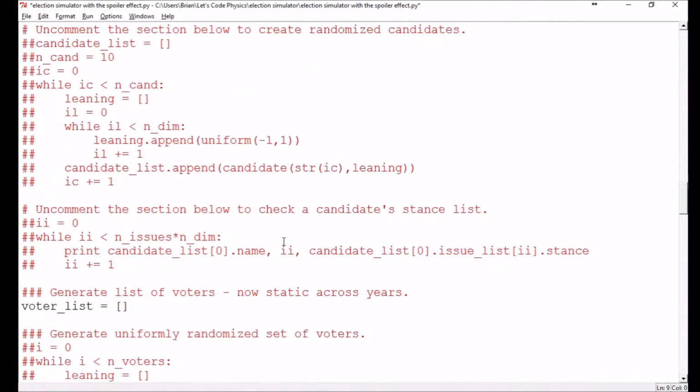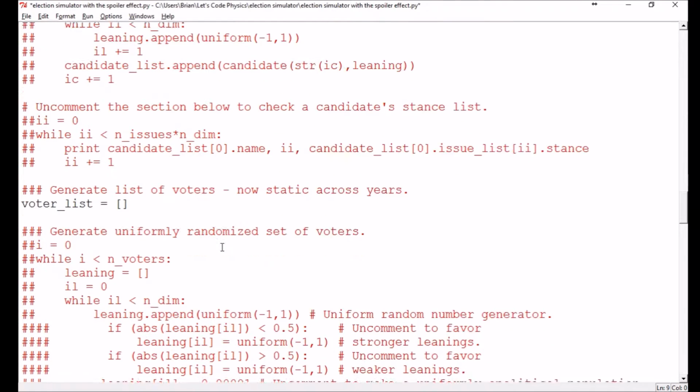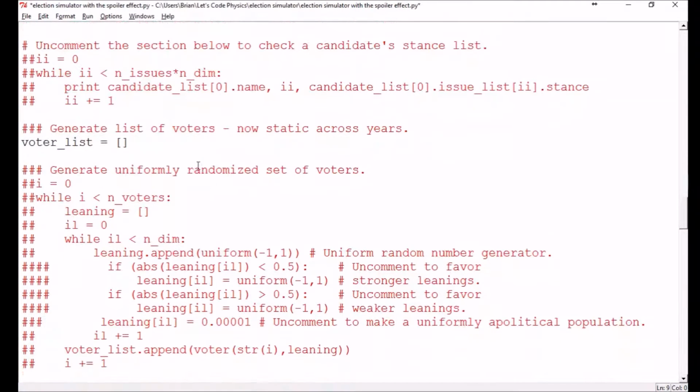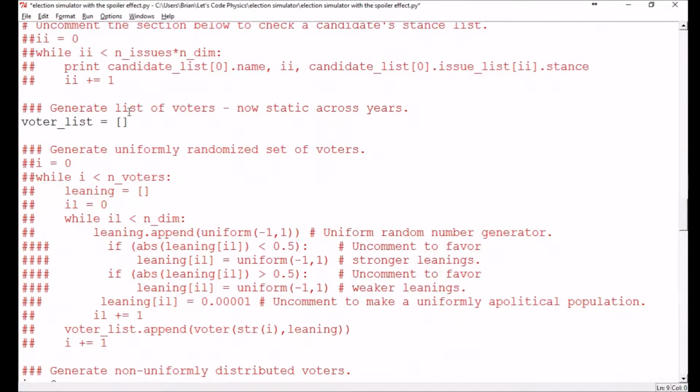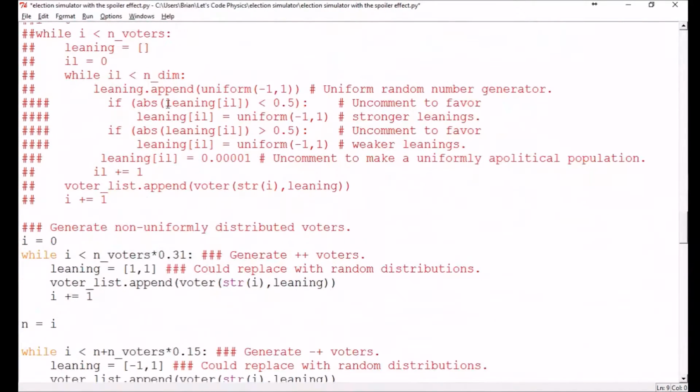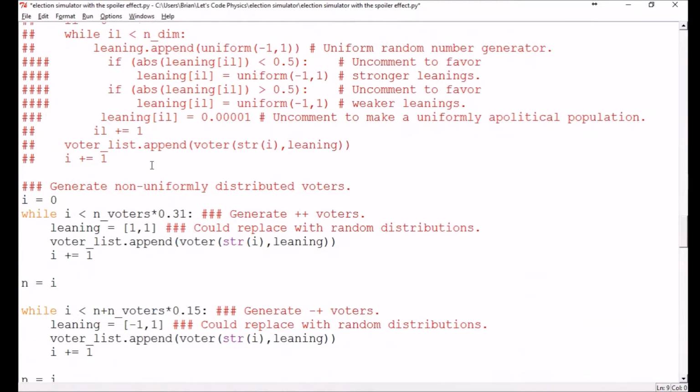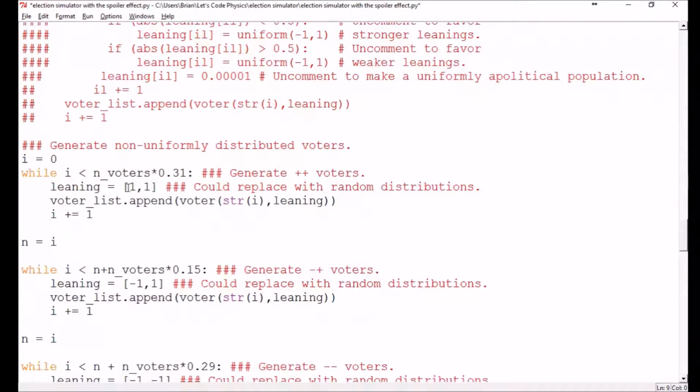The second thing we're going to change is that I've moved the voter generation out of the time loop and into the initialization. So we're only getting one set of voters. And we're not going to randomly generate those voters. We're going to give those voters specific leanings.